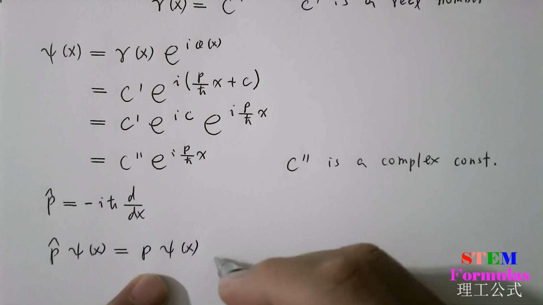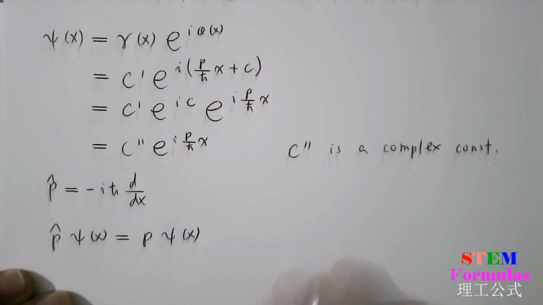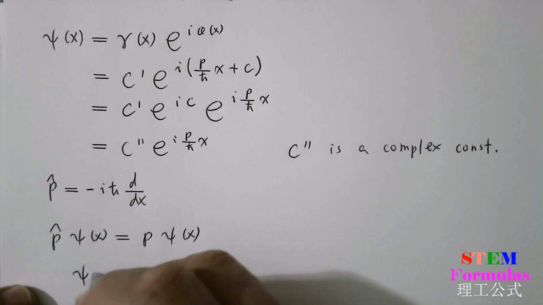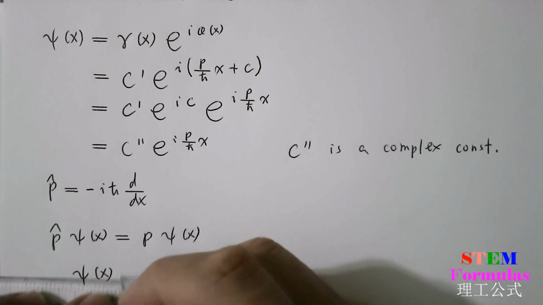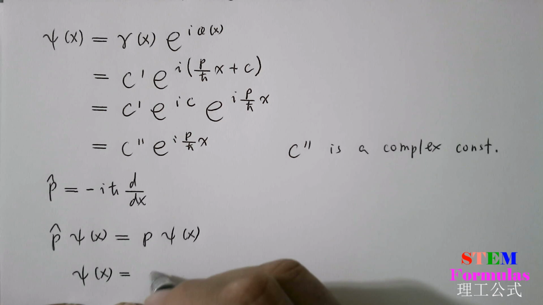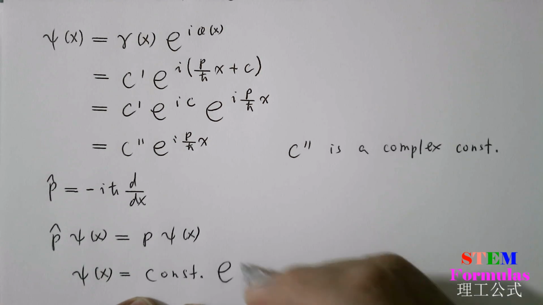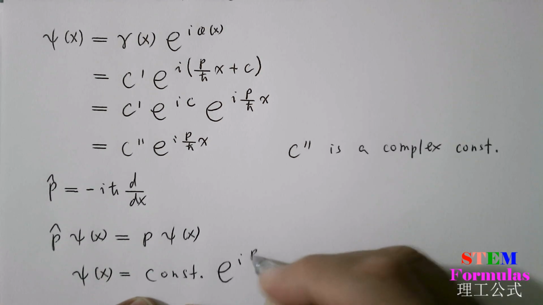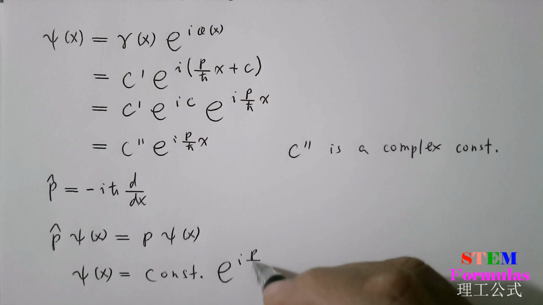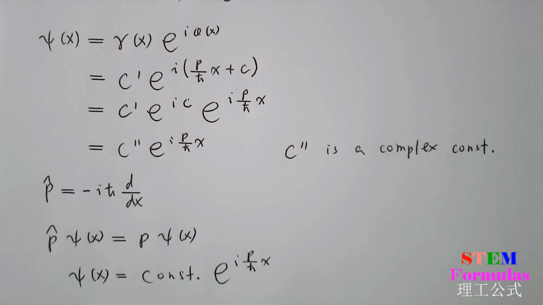Now, this p is a real number and psi of x equals a constant times e to the i p over h bar x. This is the answer.